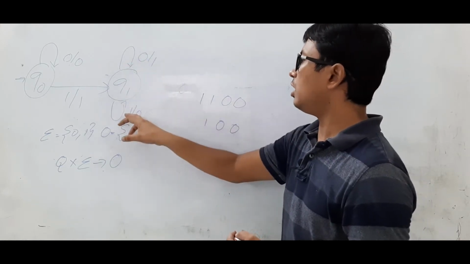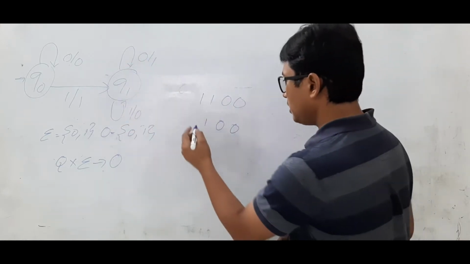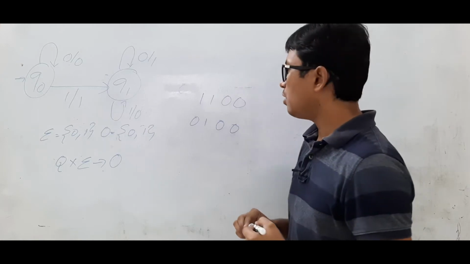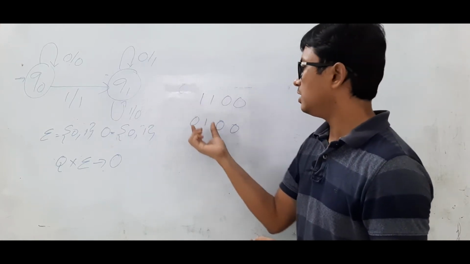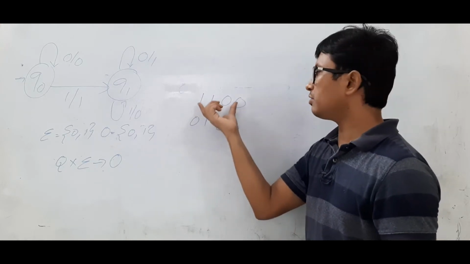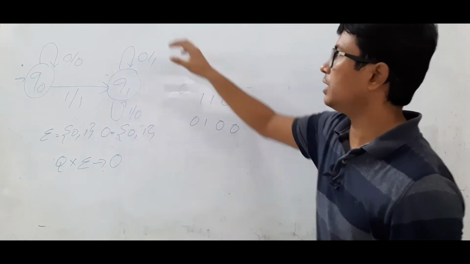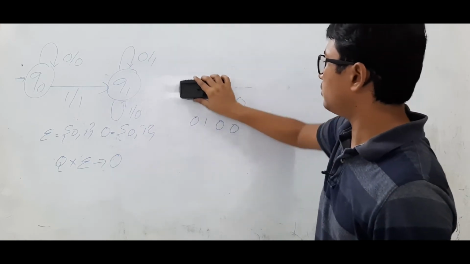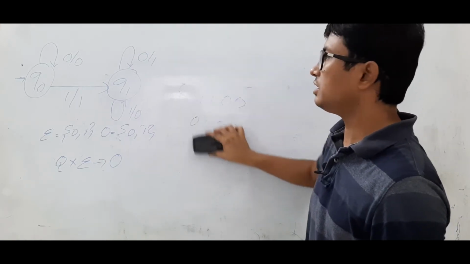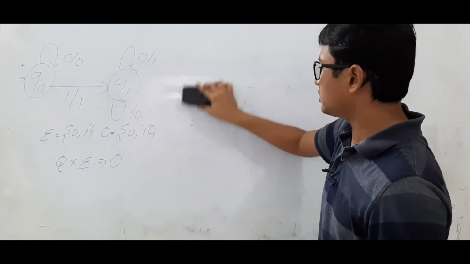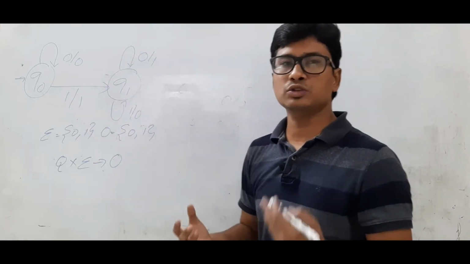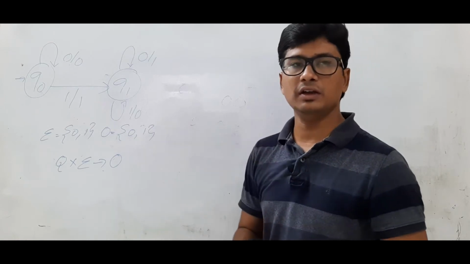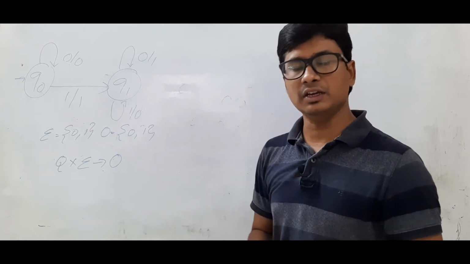Now Q1 on 1 you will keep 0. Why? Once you see the first 1, whatever comes after that, you have to take the 1's complement of it. So this is the 2's complement of the given number. Those who have watched my earlier videos can easily identify that it is used for 2's complement calculation for a binary number.